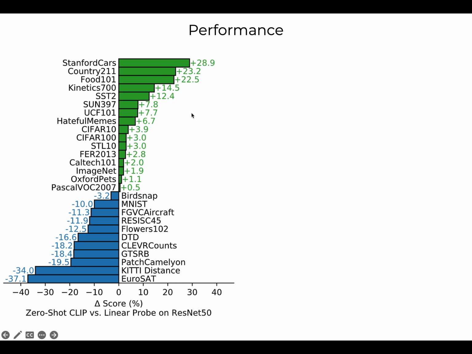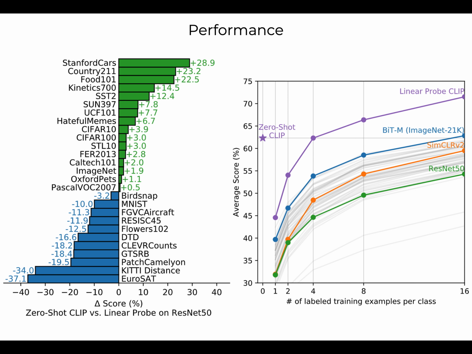But that's actually an unfair comparison, because here CLIP's being used zero-shot, whereas the other methods have been fine-tuned on some number of images. So if we try to now make the comparison fairer, we can see this comparison in a more useful way.